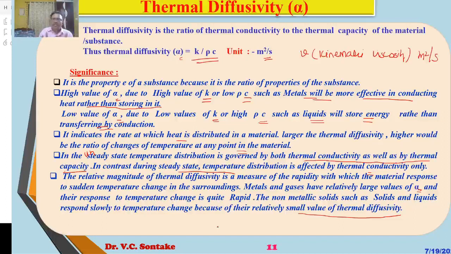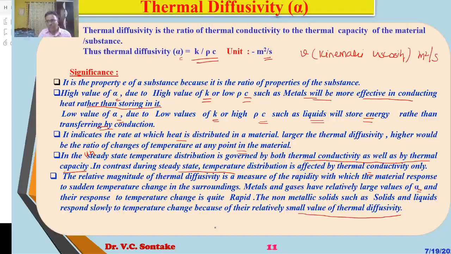Let's say the temperature of the room is changed suddenly to 8 degrees Celsius. Now to this sudden change in the temperature of the room, metal, because of its higher value of thermal diffusivity, will respond very fast, whereas the non-metallic block will not respond as fast as the metal does.